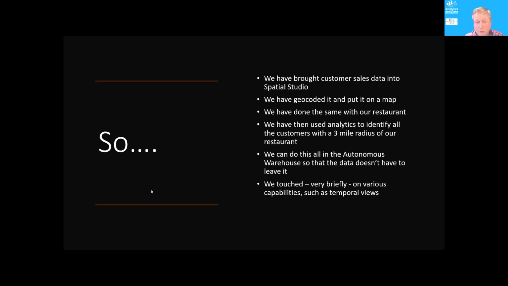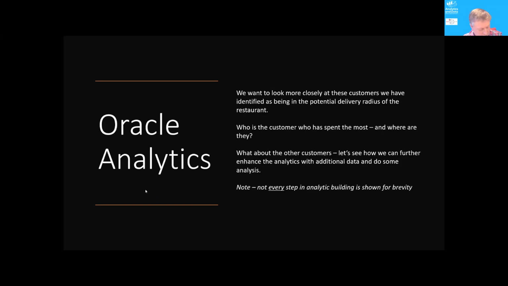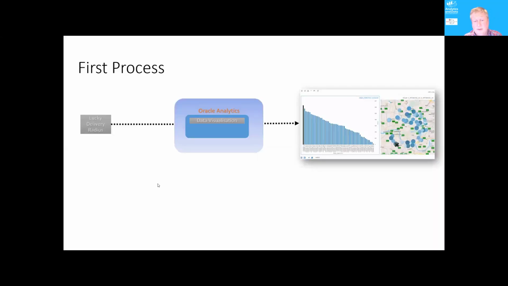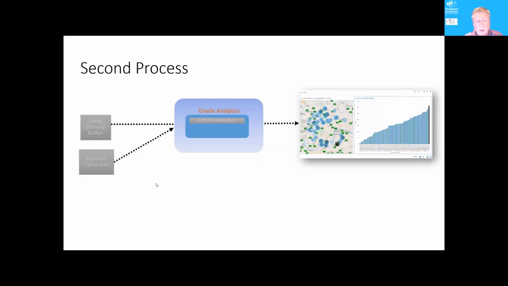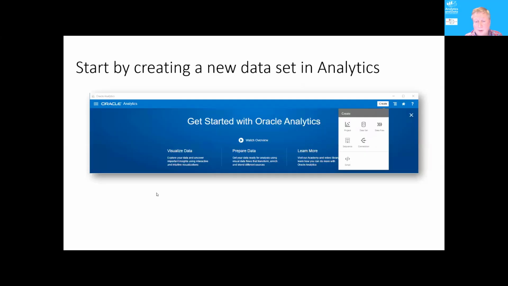But now we've got those customers. What I'm going to do now, and I'm conscious of the time, is bring this into Oracle Analytics to start looking at that data. So I'm just going to bring the data into Oracle and visualize it. Then also bring in some detailed transactions and put them on as well, just showing how we can start to augment the data really.